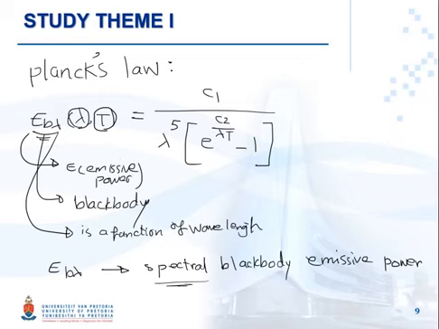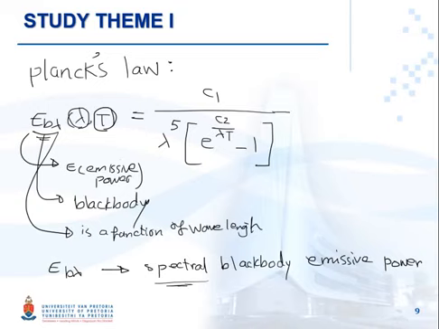So Planck's law is saying that a spectral black body emissive power, which is a function of lambda and temperature, is equal to a correlation which has two constants. We can find those constants, along with lambda and e to the power of C2 divided by lambda T, minus 1. Okay, so Planck's law is telling us how a black body emits radiation. We are going to use this law, so keep it in mind.